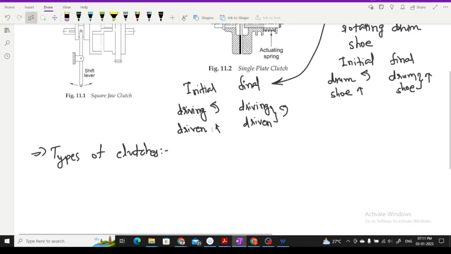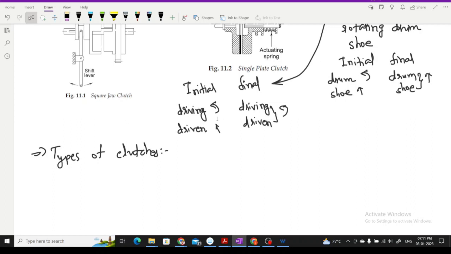See, this driving shaft is going to be connected to your driven shaft once you apply the gear. If you talk about your automobile, there is a neutral gear. In neutral gear, there is no transmission of torque.